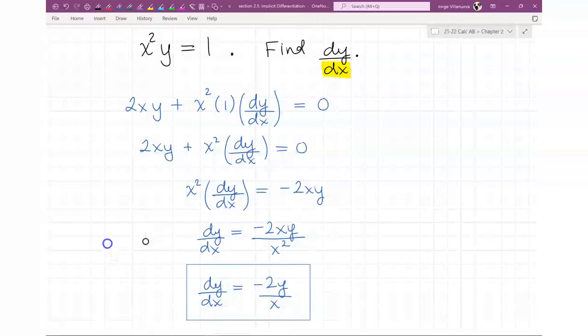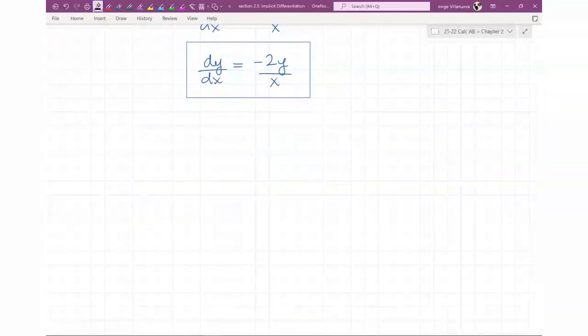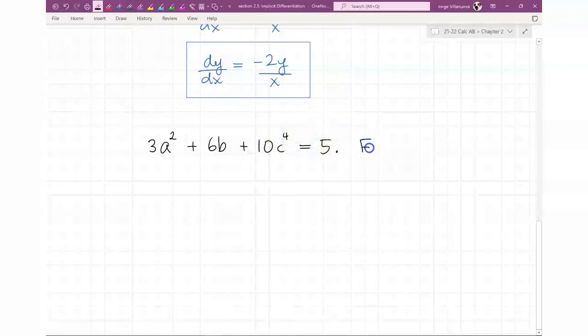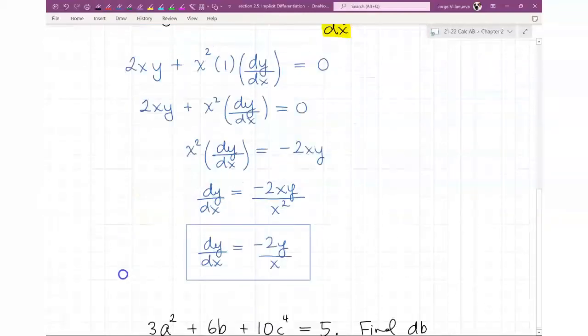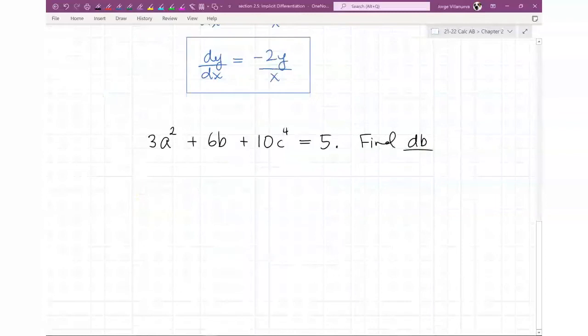So just to give you a kind of silly example here, if I were to write 3a squared plus 6b plus 10c to the 4th equals 5, and I tell you, find db/dt.